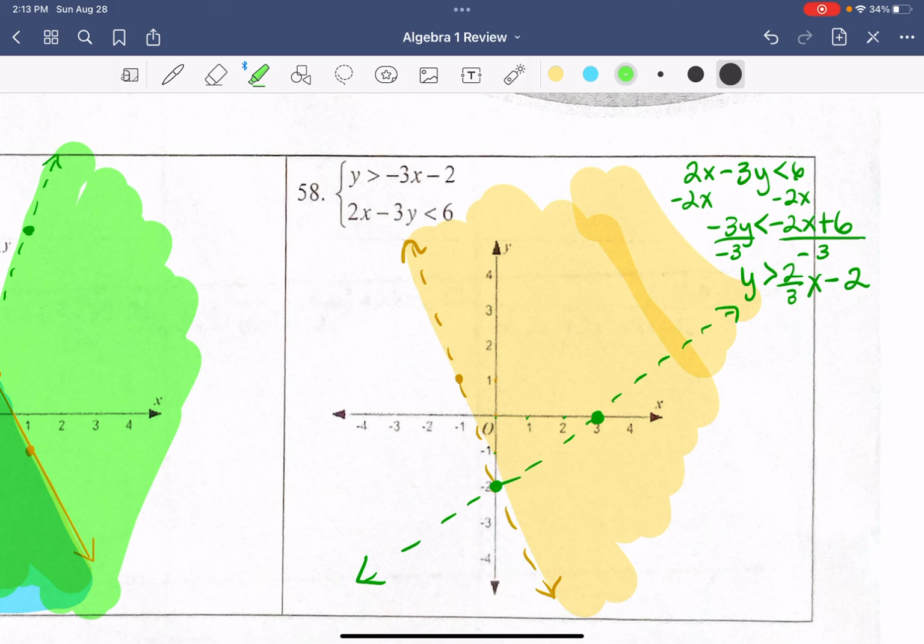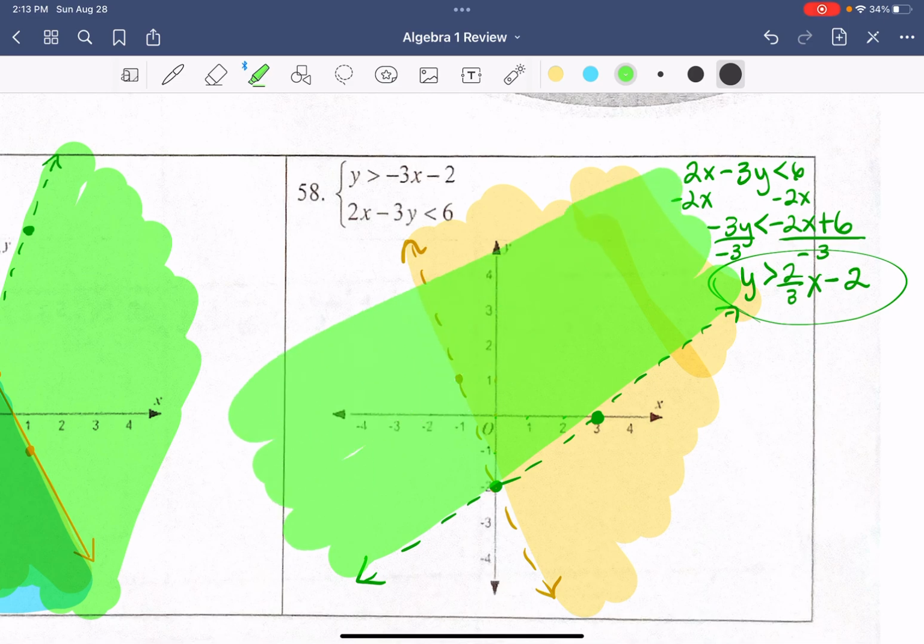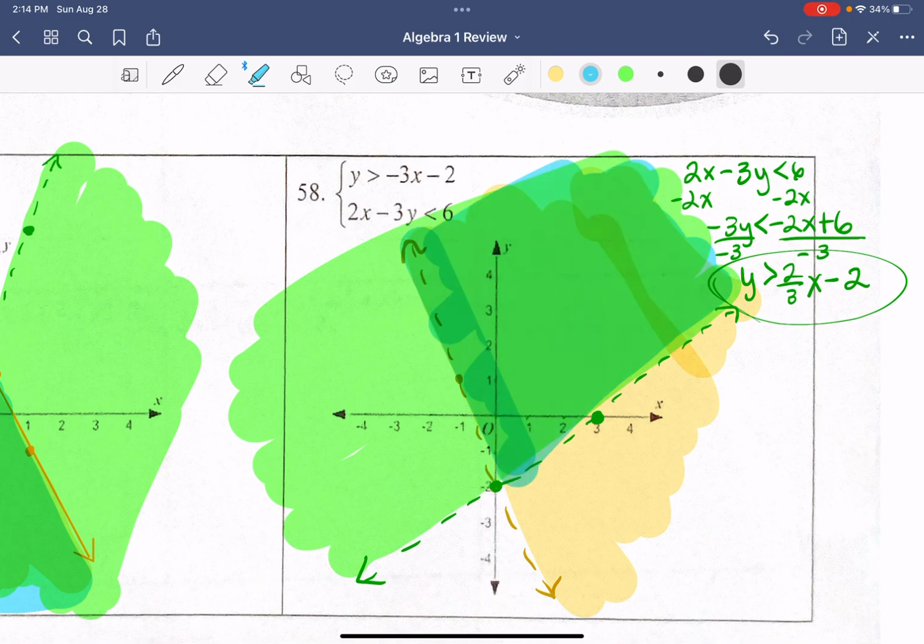I'm going to look at this equation because that's the one that makes it easier to see. Y greater than, so I'm shading everything that's greater than y. And this intersection here is your solution.